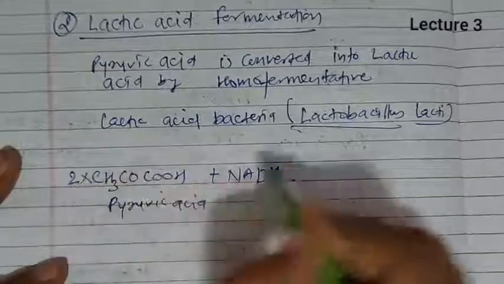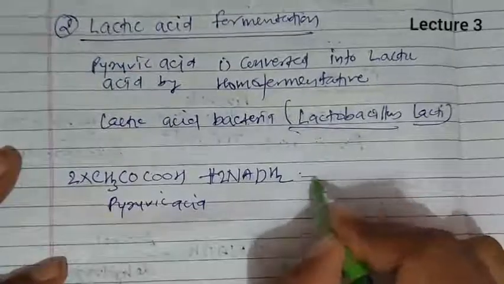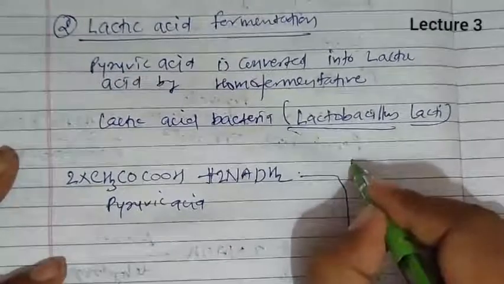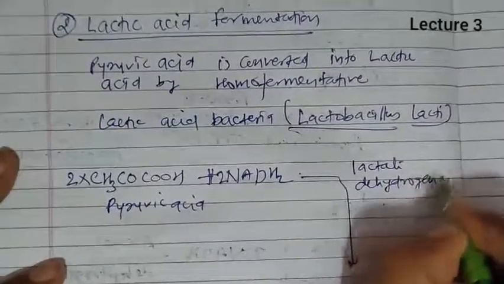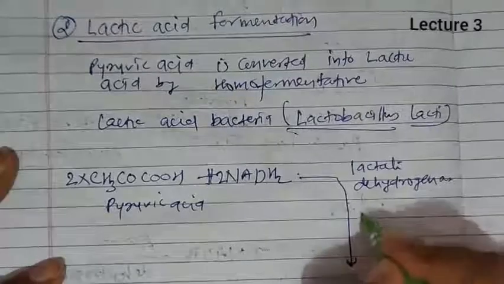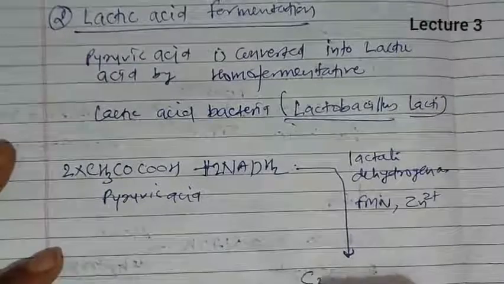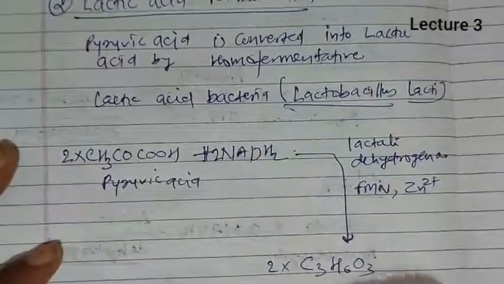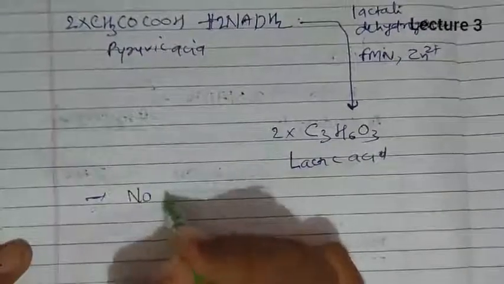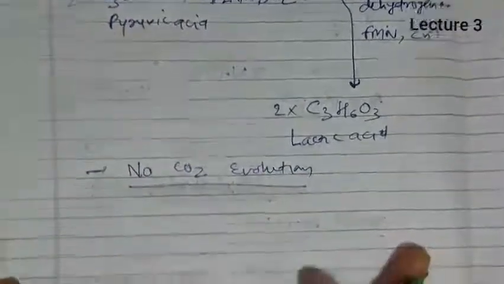Here we can say these are two molecules, and two NADH2 will be reacted, and in the presence of lactate dehydrogenase and FMN and Zn2+, it converts into C3H6O3, two molecules of lactic acid. Now during this conversion, or lactic acid fermentation, there is no CO2 evolution, that you should remember, but two NADH get used.